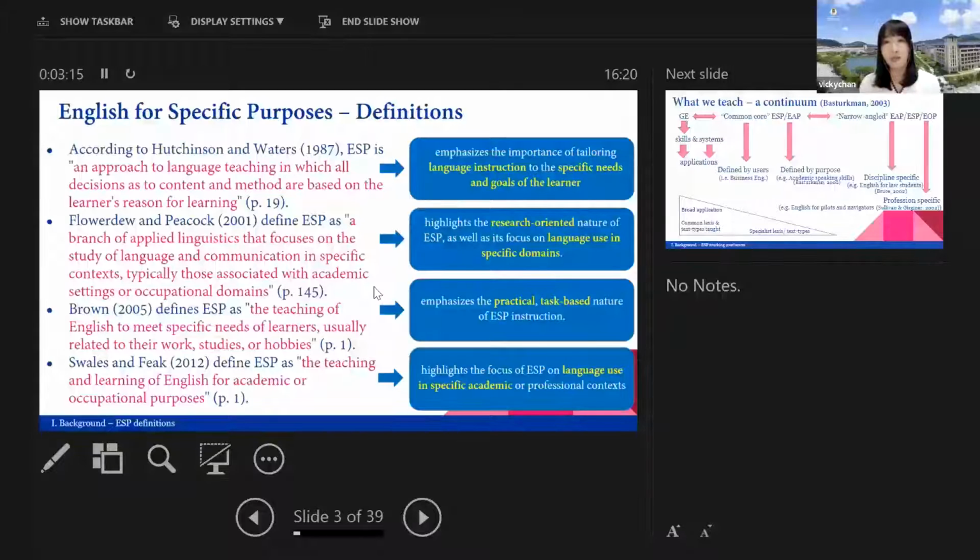It's very similar to the second definition. So in short, ESP is the study or teaching of English in a specific context to meet students' needs, in particular for their work or occupational purposes.